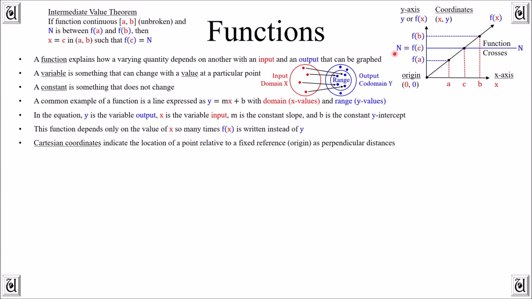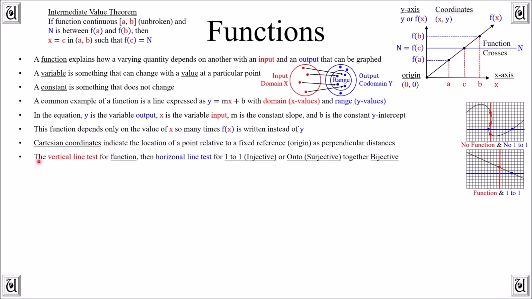Bottom line is if this n is somewhere between this f of a and f of b, then there's got to be some sort of a c value for your input that's going to result in an output, the function evaluated at c, where it's going to be equal to that n. Basically what it's saying is that it's going to at some point cross this line, so the function crosses that line. So that's pretty much what a continuous function is all about.